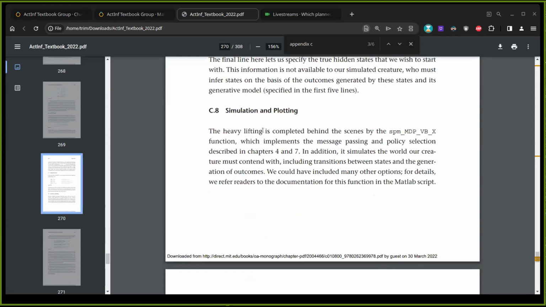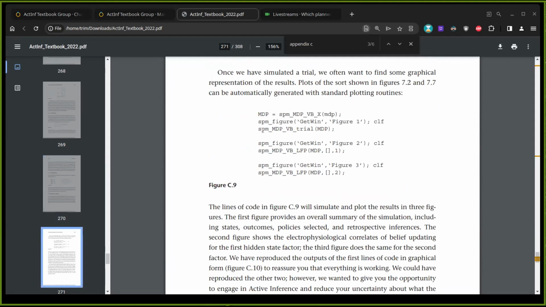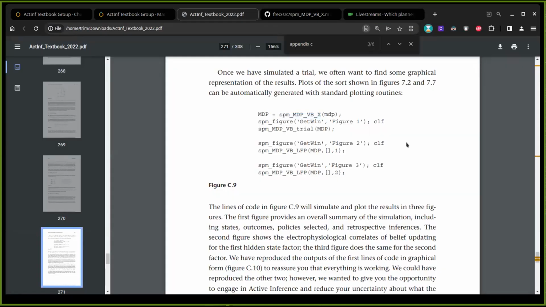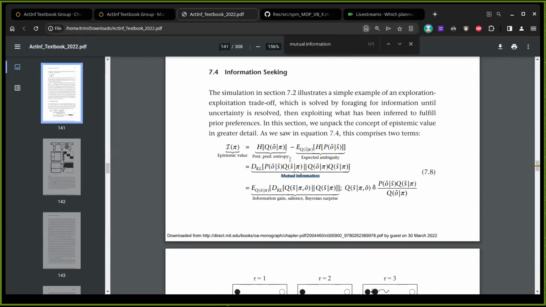So I would like to see what's inside there, and then be able to graph, for example, various metrics like equations, things like mutual information, novelty, all to help get an intuitive feel.